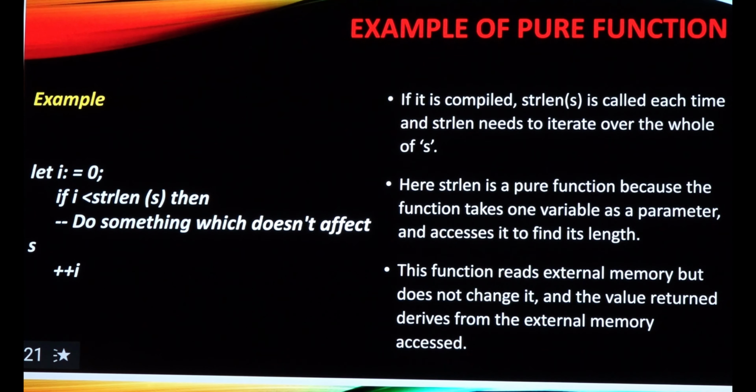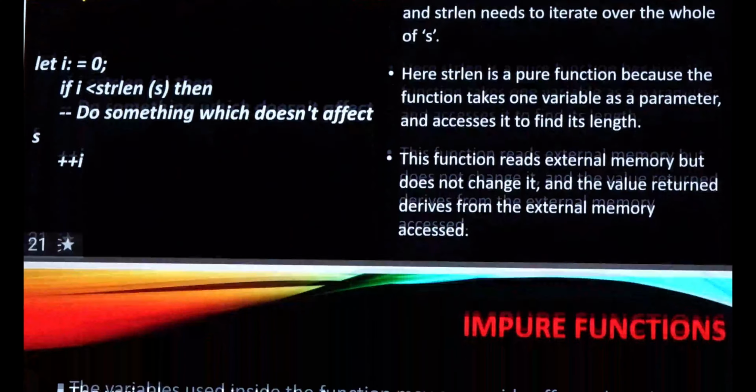Here string length is a pure function because the function takes one variable as a parameter and accesses it to find its length. This function reads external memory but does not change it, and the value returned derives from the external memory accessed.